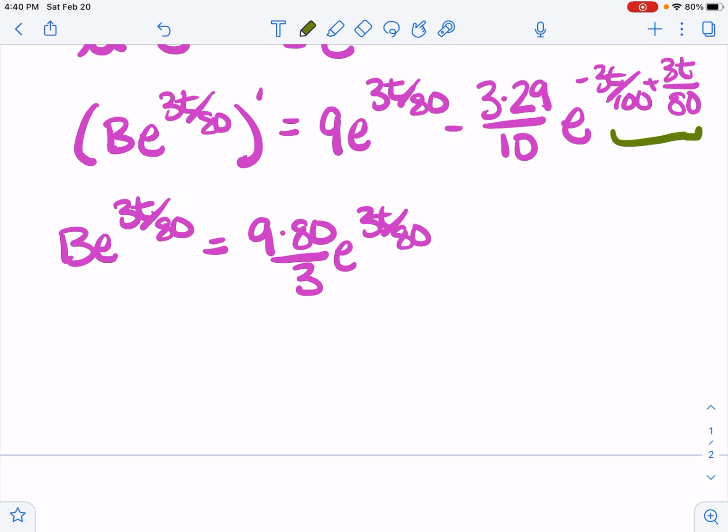So let's see, that would be minus 3 times, I'm going to multiply this by 80 plus 3 times 100, times t over 80 times 100. Maybe not the smallest common denominator, maybe it is, but that definitely works.